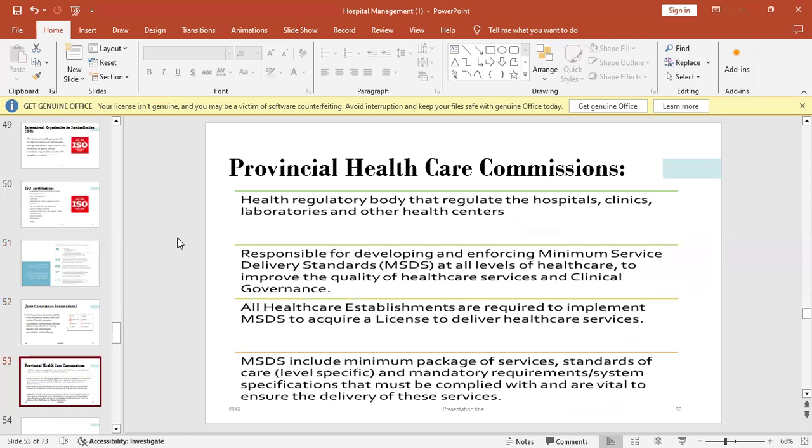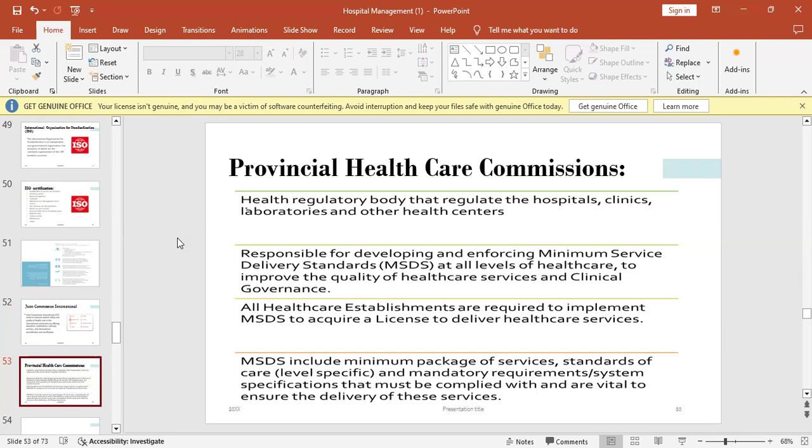Professional healthcare commissions are health regulatory bodies that regulate hospitals, clinics, laboratories and other health centers. They are responsible for developing and enforcing minimum service delivery standards at all levels of healthcare to improve the quality of healthcare service and clinical governance. All healthcare establishments are required to implement minimum service delivery standards to acquire a license to deliver healthcare services.